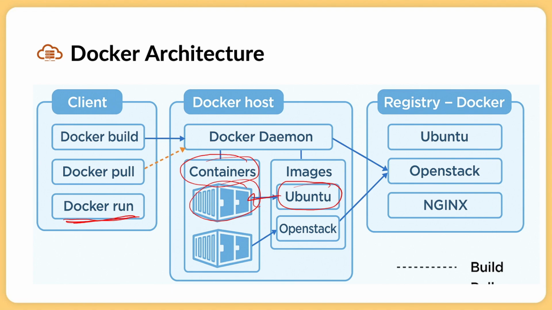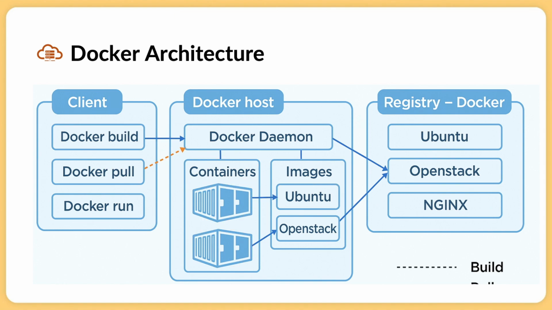When it creates the container, it uses the host OS kernel, and it also isolates this container completely from the other containers using namespaces and cgroups. Using this, it makes sure our container is isolated.